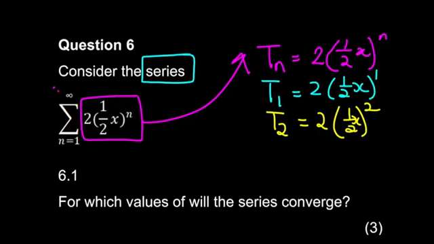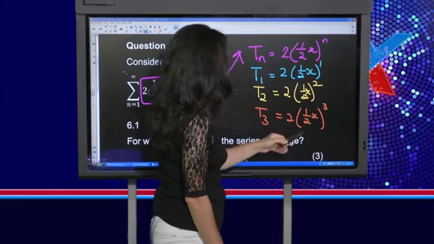Okay, and then we have T3 is 2 times a half x cubed. So I think that you can see what is happening from the blue term to the yellow term. I've taken that a half x and I've multiplied by another half x. And over here, to make it cubed, I've multiplied by another half x.